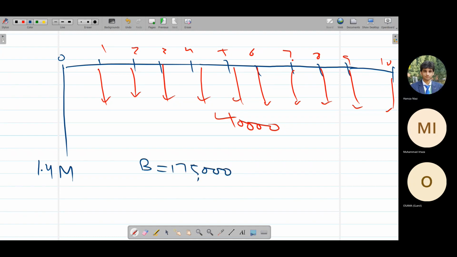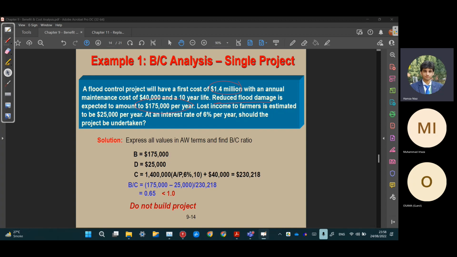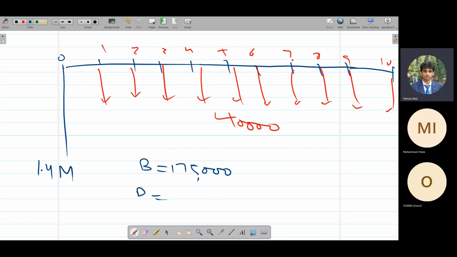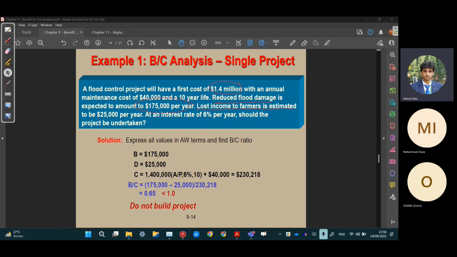The above are the initial investment, annual operating costs and costs. The benefit is 175,000. And loss of income to farmers, you can get the idea that this would be some kind of disbenefit, which would be 25,000.